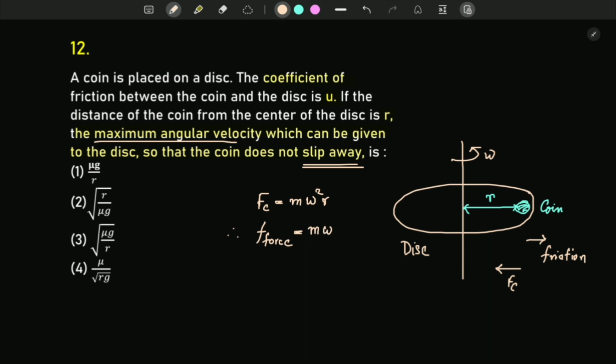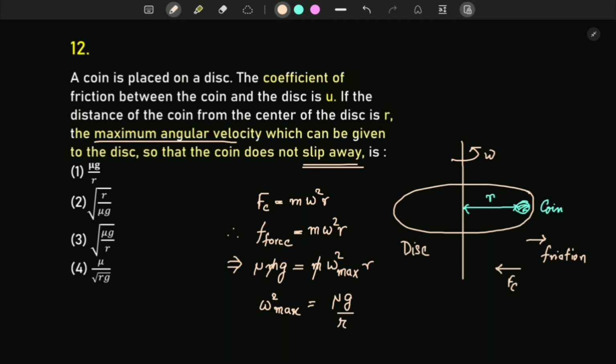In order to find omega max, I need to find the maximum frictional force, which is mu mg. This is equal to m omega square maximum times r. M gets cancelled from both sides, so omega square maximum equals mu g by r.